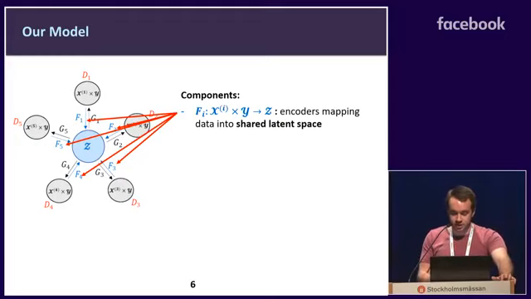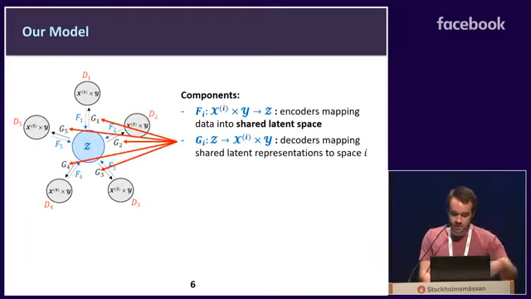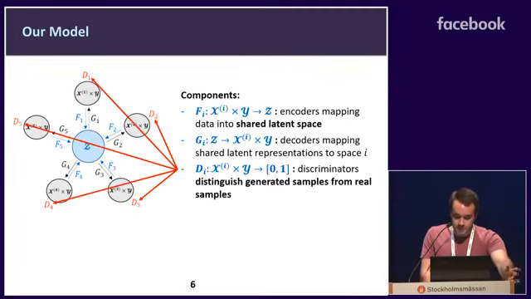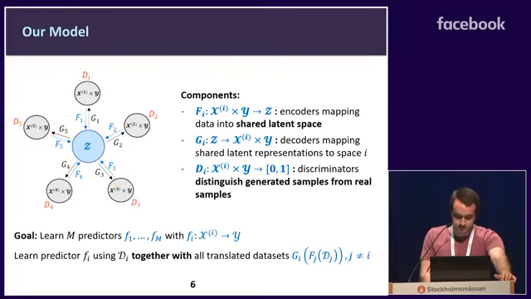It maps it into the latent space, and then we decode those mappings using some decoders, which we label G_i, mapping from the latent space into the feature and label space of the corresponding target hospital. And finally, we have the discriminators, which I talked about earlier, which are going to attempt to distinguish which samples came from the target distribution and which ones were mapped through these encoders and decoders to get to the target domain.